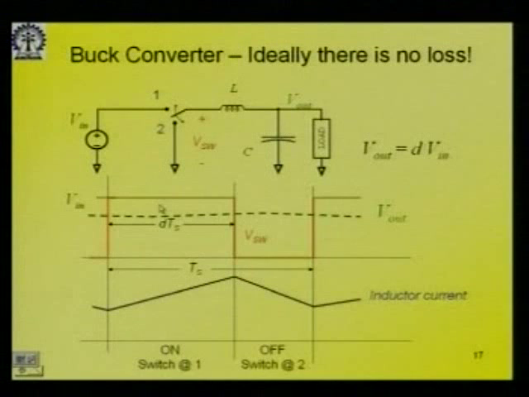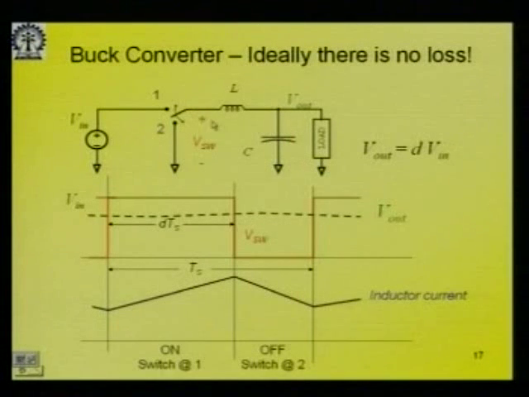There are some diagrams here of what I was telling you verbally. During the on period the inductor current will be rising, because there will be a net positive voltage here with respect to this, as V out is less than V in.